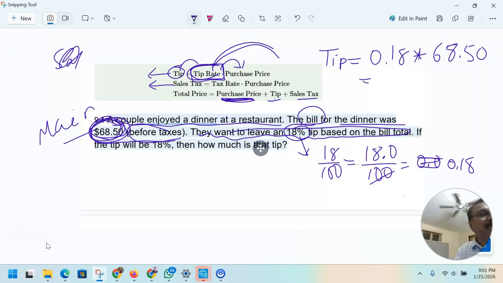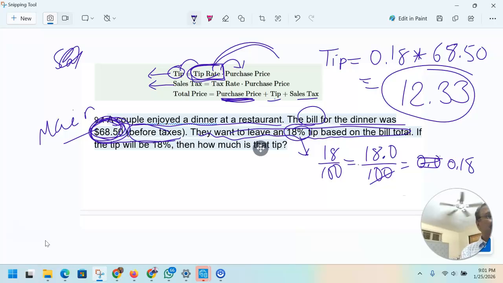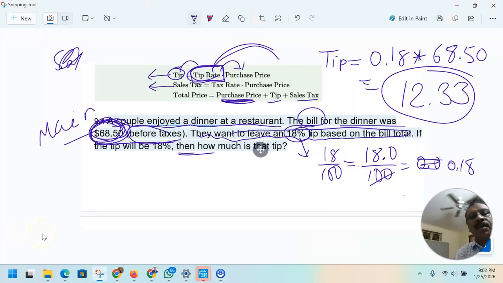Using the calculator, the answer will be 12.33. So that will be the tip. Here the question asked only how much the tip is, so you are done here.